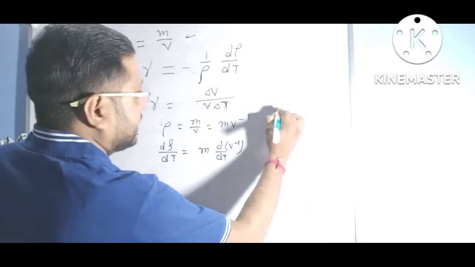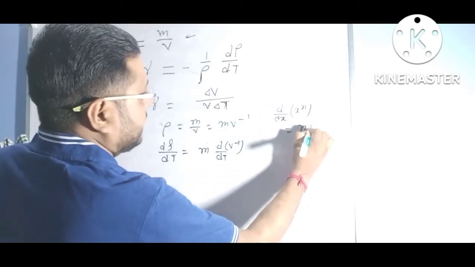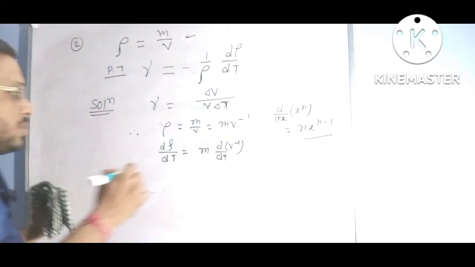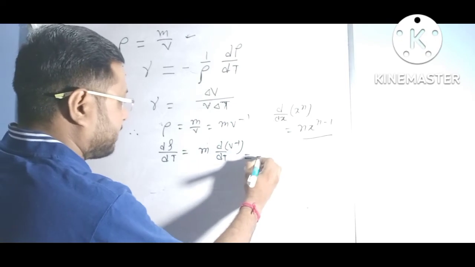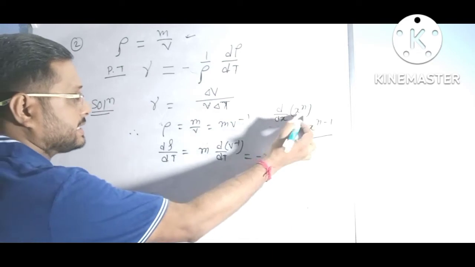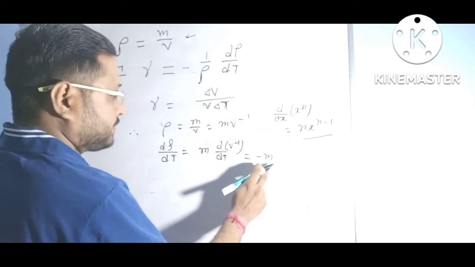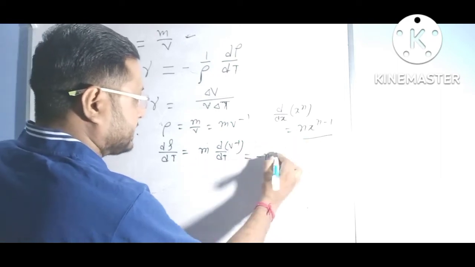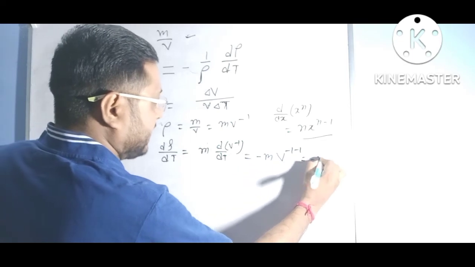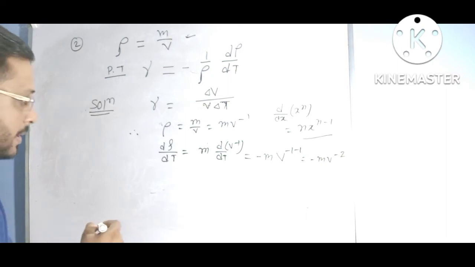We know that d by dx of x to the power n is n x to the power n minus 1. This is the relation. So we get minus m v to the power minus 1, here n is minus 1. So n, that is minus 1, x to the power, here x is v, n minus 1, that is minus 1 minus 1, that is minus m v to the power minus 2.